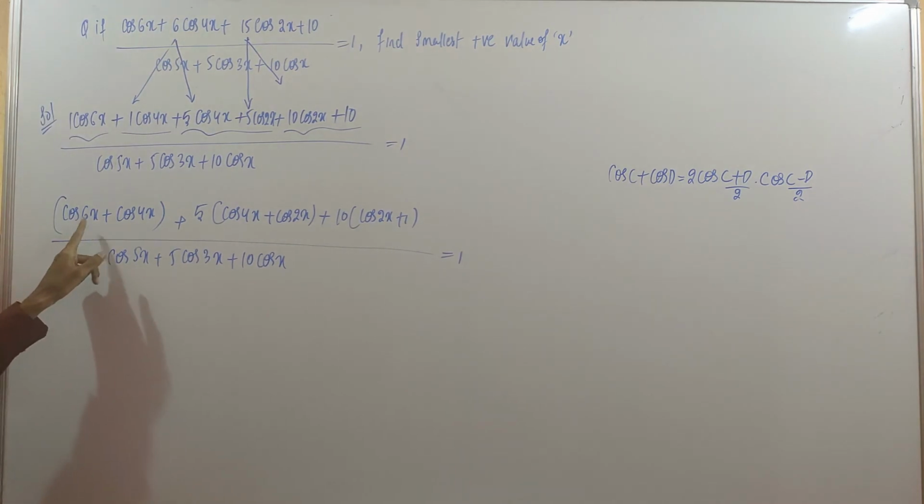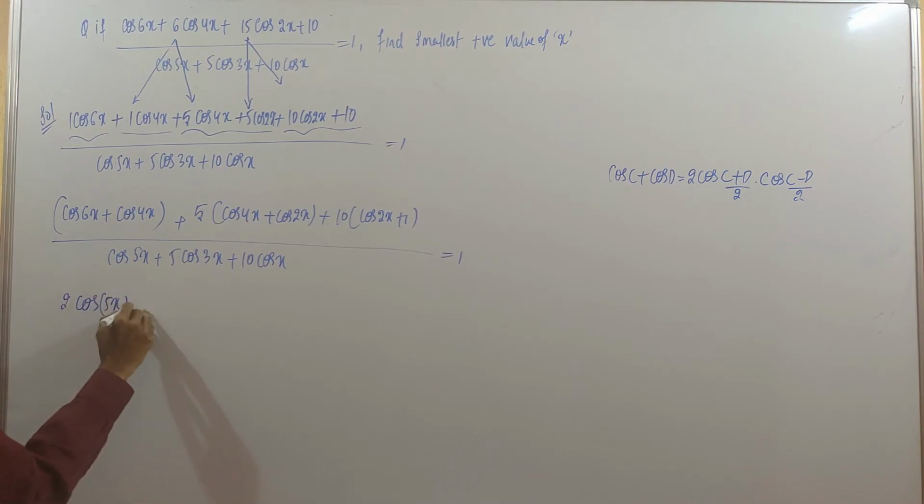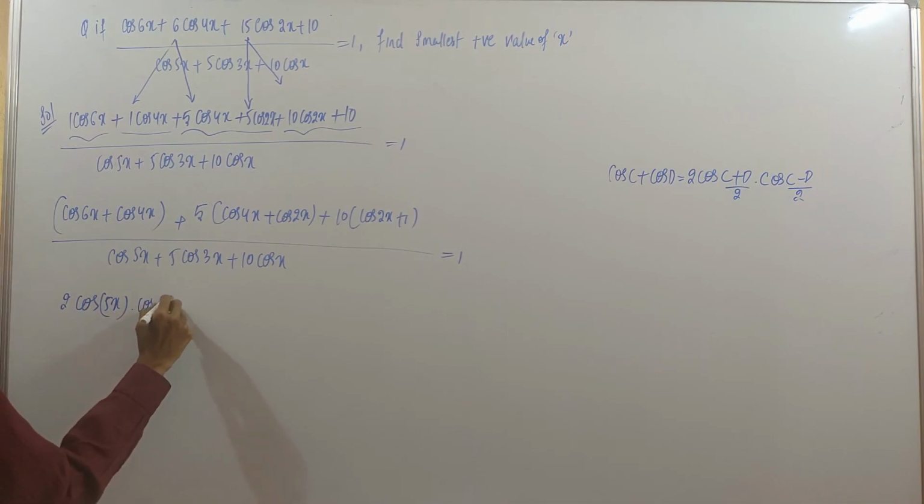Now this is in the form of cos C plus cos D. Cos C plus cos D becomes 2 cos((C+D)/2) cos((C-D)/2). 6x plus 4x is 10x, 10x by 2 is 5x, into, subtract, 6x minus 4x is 2x, 2x by 2 is x, so it will become cos x.